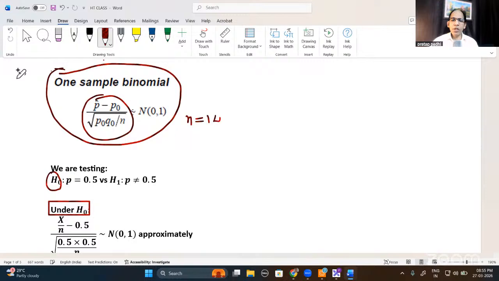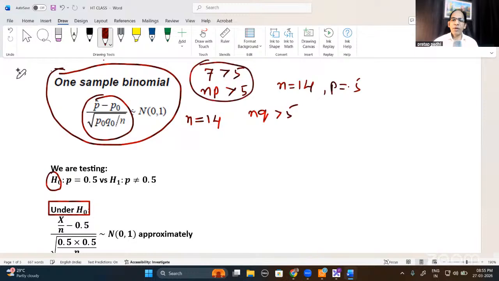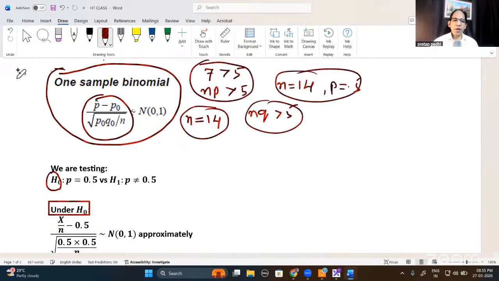However, in binomial, we check whether NP is greater than 5 and NQ is greater than 5 or not. Here P is 0.5 and N is 14. So NP is 7, which is greater than 5. So there won't be any problem. You can still apply. So this is our test statistic.